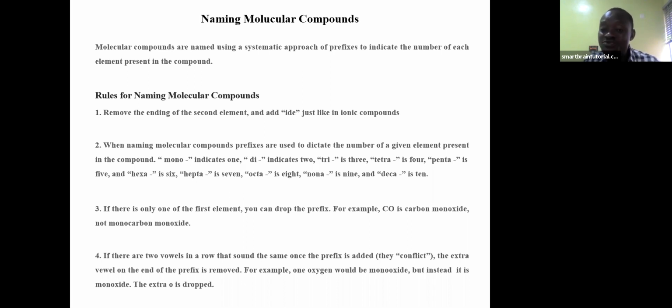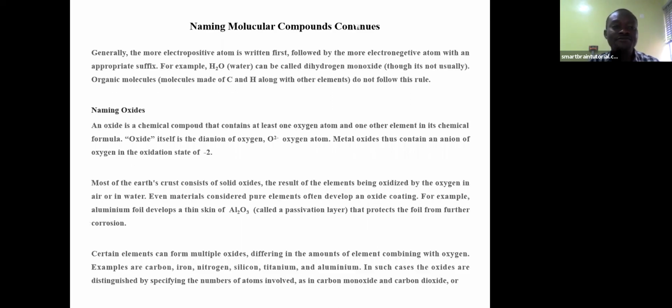So we now have 2 O's. So in the naming process, we'll drop one of the O's. So it is now named as monoxide instead of monooxide. One of the O's will be dropped, and then we now have monoxide. The extra O is now dropped.